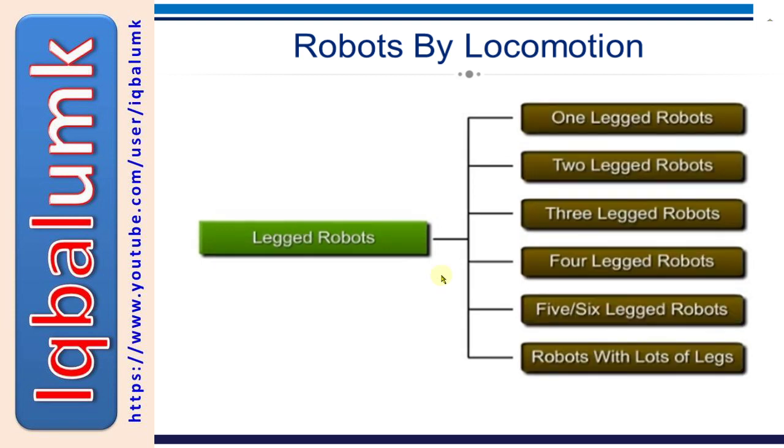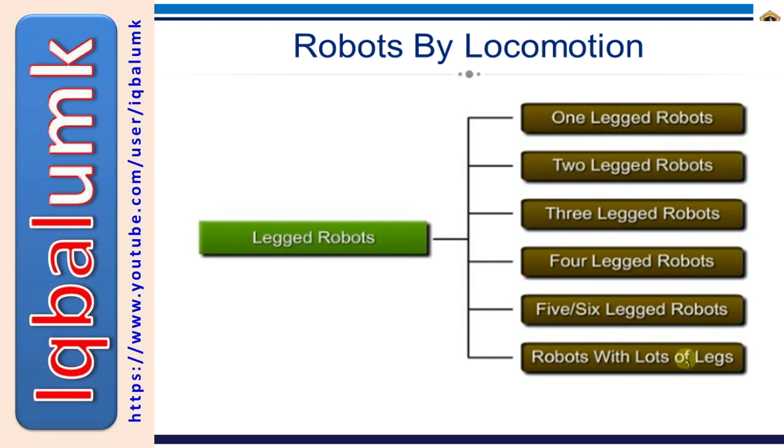Kemudian robot berkaki ini juga dibedakan berdasarkan jumlah kakinya. Ada robot dengan 1 kaki, ada robot dengan 2 kaki, ini yang humanoid, kemudian ada robot dengan 3 kaki, kemudian 4 kaki, ada robot dengan 5 atau 6 kaki, bahkan ada robot yang lebih dari 6, jadi banyak kaki seperti robot lipan tadi.